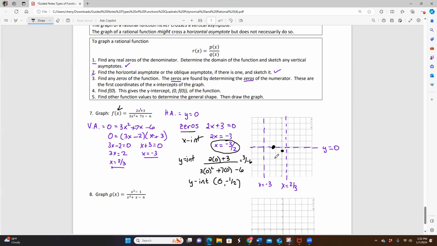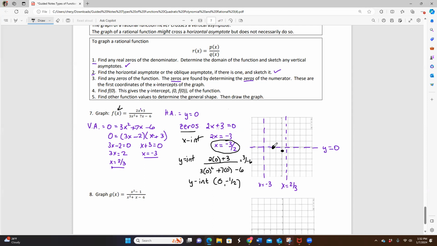Okay, let's use some logic here. We do know a couple things. That is my only y-axis intercept. My only x-axis intercept, let's go back up here, is negative 3/2. This one right here.